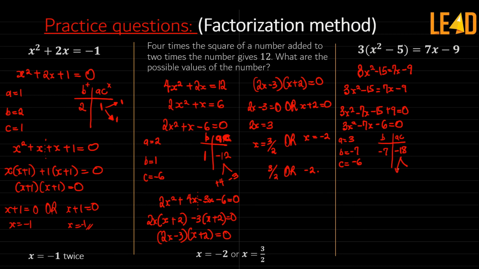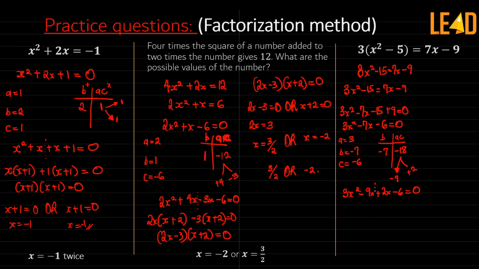You can pause and think for a while, but I think that would be negative 9 plus 2. I'll drop these numbers in for 7. I would have 3x squared minus 9x plus 2x minus 6 is equal to 0.